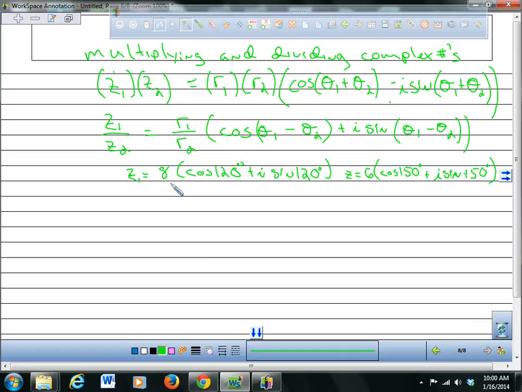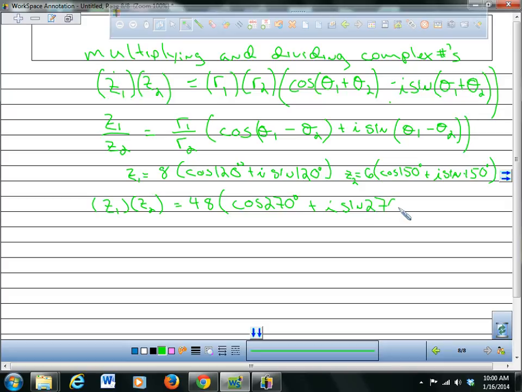Then z1 times z2 is equal to 8 times 6, which is 48. And then you add together these two angles. So it's 48 times the cosine of 270 plus i sine of 270.